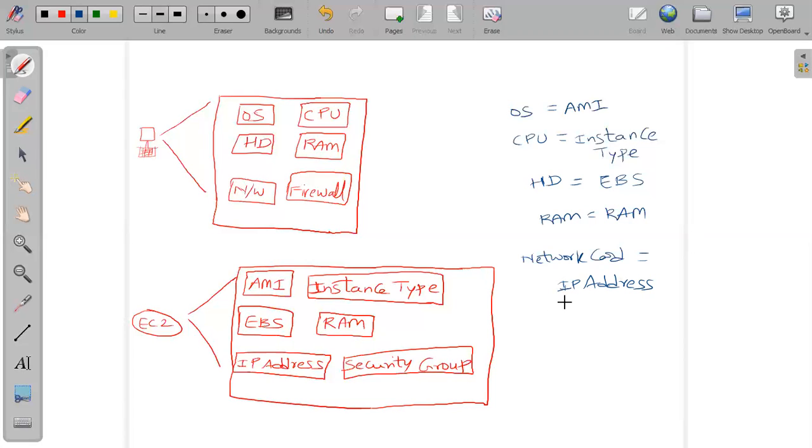Okay. Next, firewall is equal to security group.